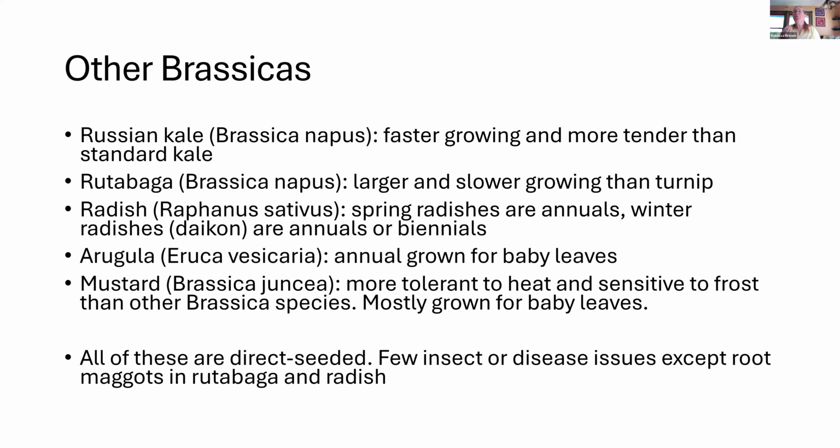It's also much more tender than standard kale. This means that it's good for use in kale salad. It's good for very light cooking, so very light sauteing, for instance. It also means that it's much more frost sensitive. So you're not going to be able to overwinter Russian kale the way you can overwinter regular kale.